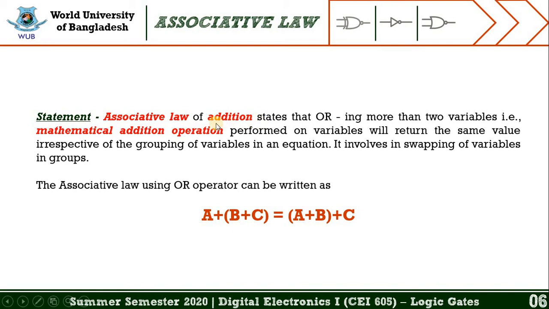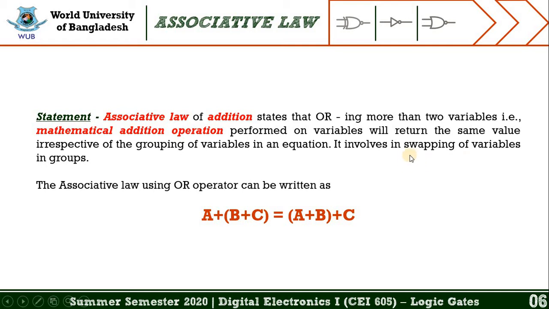So let's start with the statement of associative law of addition, which states that OR-ing more than two variables, which is mathematical addition operation performed on variables, will return the same value irrespective of the grouping of variables in an equation.